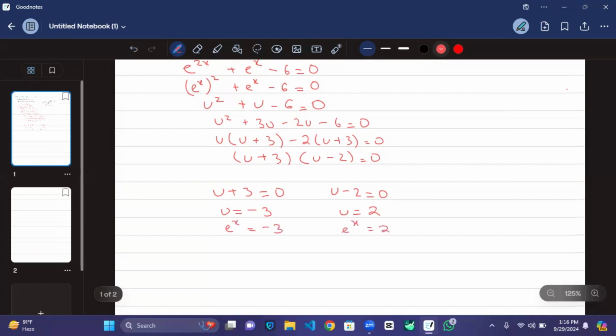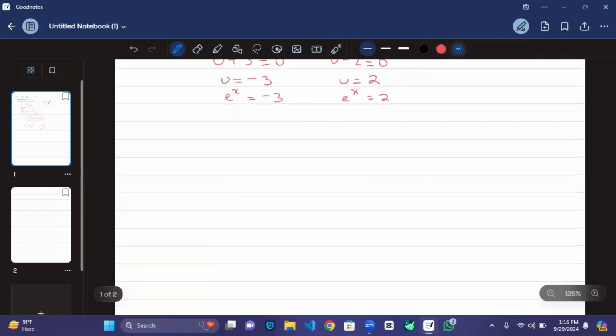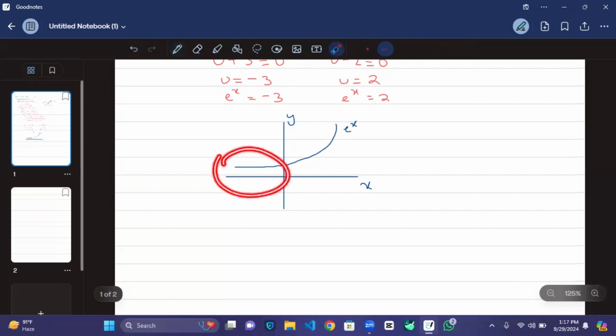Let's see if I draw the graph of e to the power x. It will somehow look like this. Now this is y, this is x. So this is basically the graph of e to the power x. Now let's focus on this part of the graph. Here you can clearly see the graph of e to the power x is basically parallel to the x-axis.